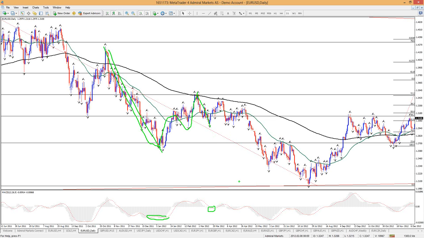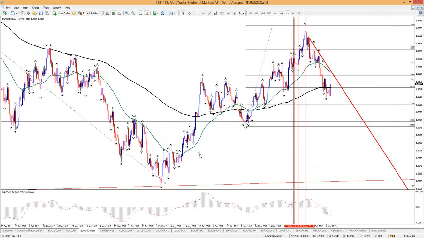That's a typical wave 1, and then we get something like this, which is corrective in nature, and the MACD just doesn't go beyond the upside 0 line.